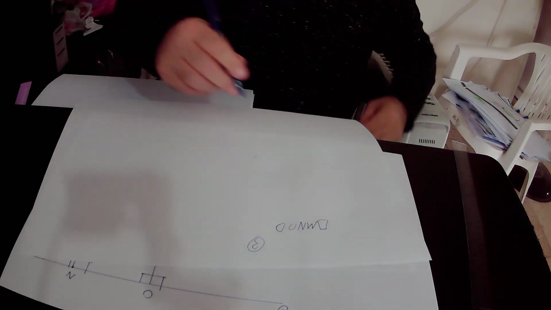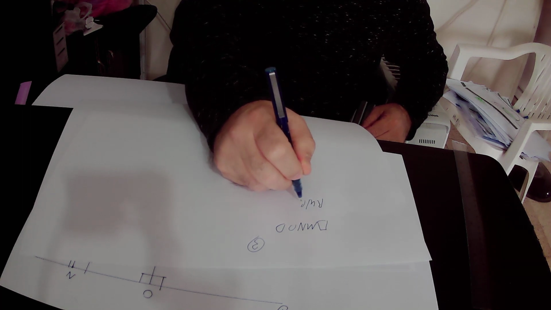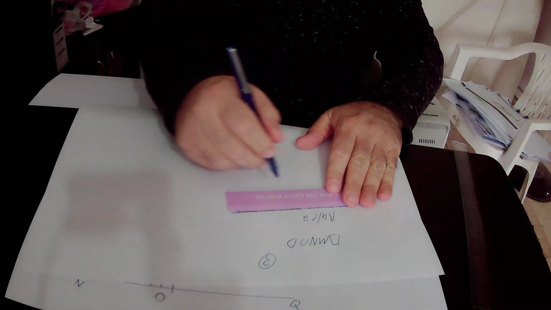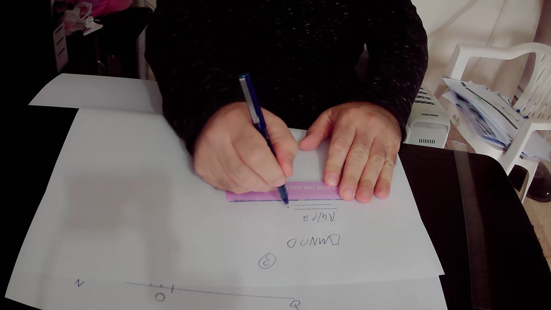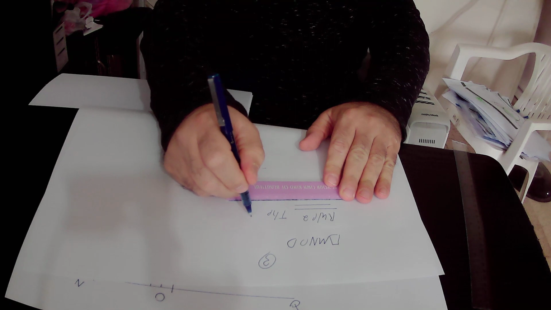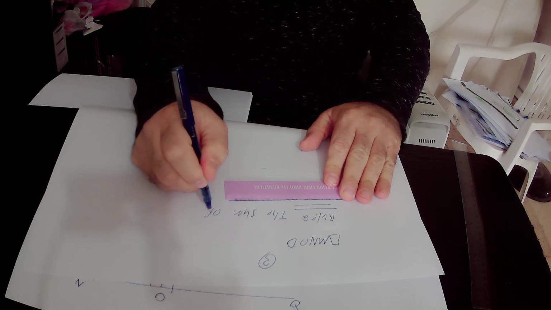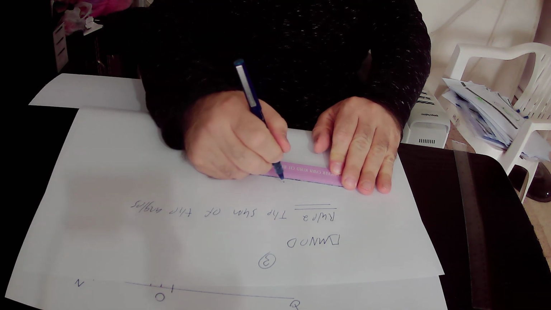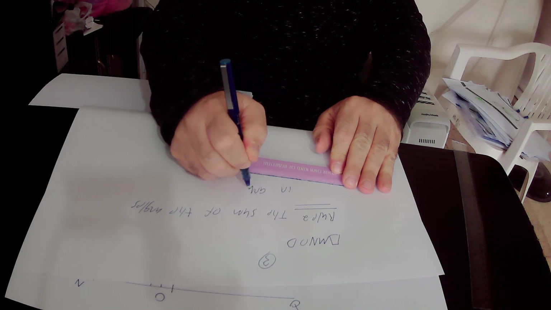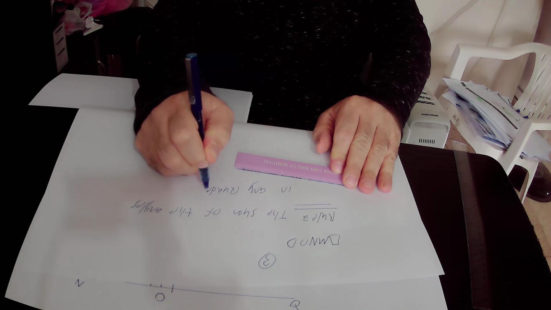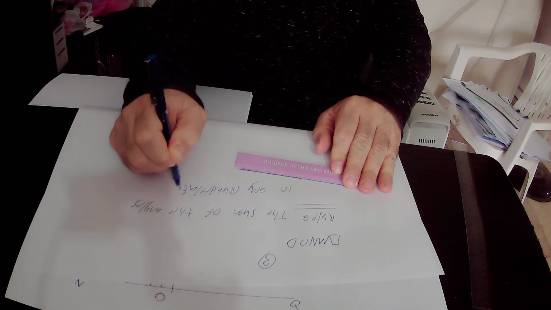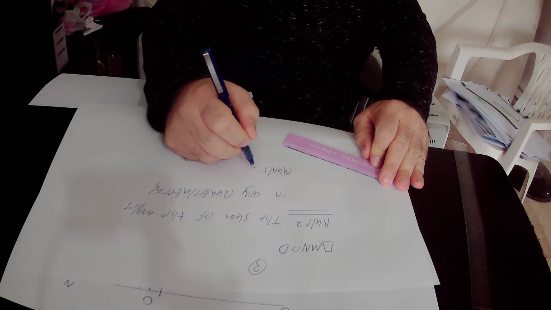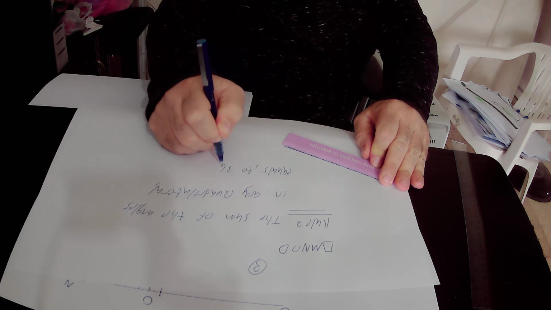According to rule number 2, the sum of the angles in any quadrilateral equals 360 degrees.